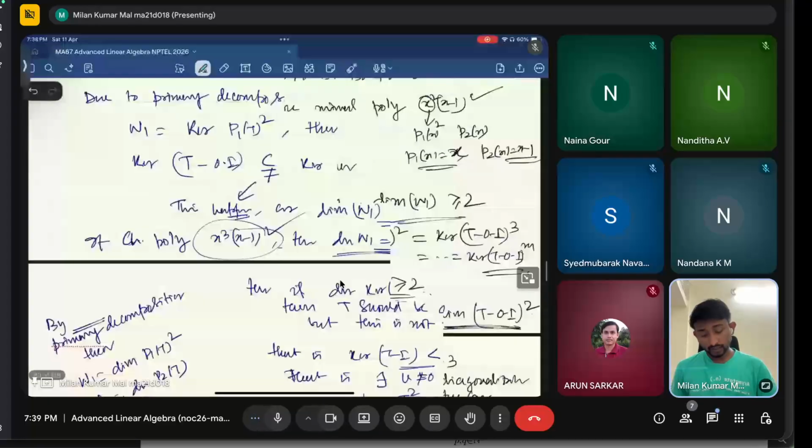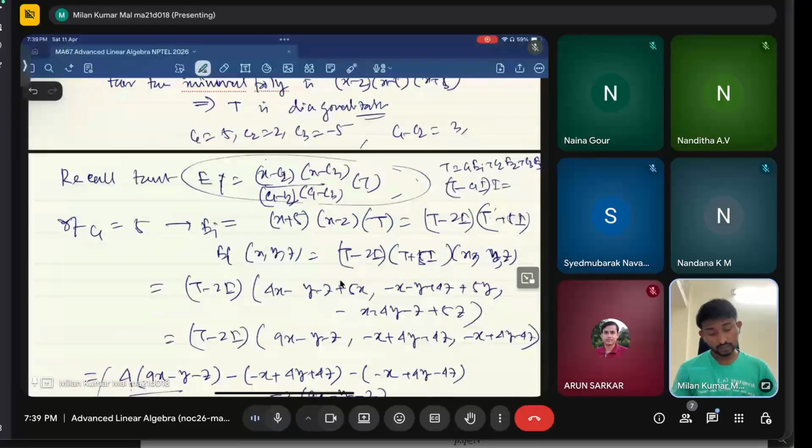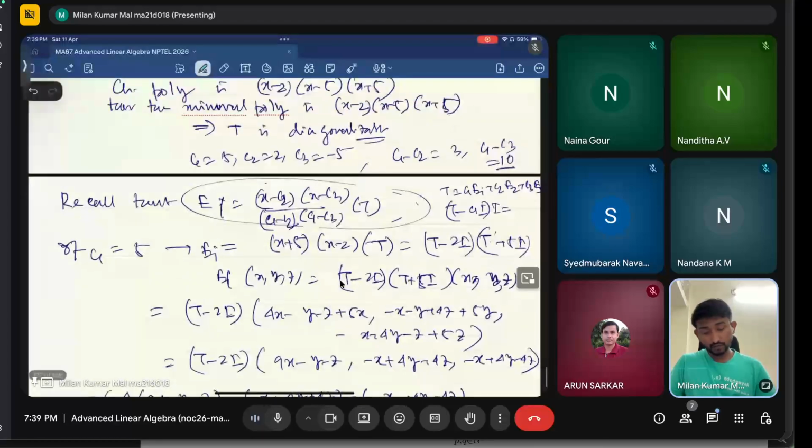So c1 minus c2 is 3, and c1 minus c3 is 5 plus 5, 10. So that is 30, right? So there will be 1 by 30 multiplication in every entry.